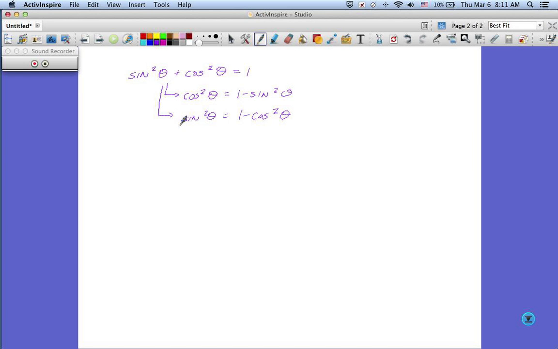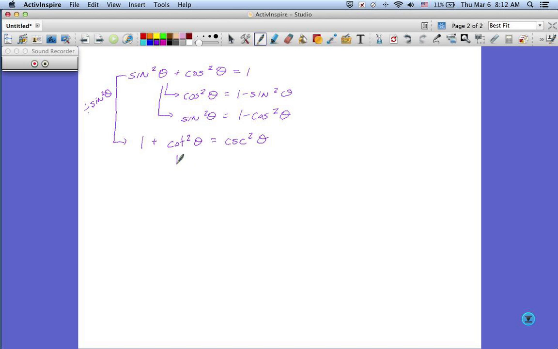Likewise, if I divide everything by sine squared, I get 1 plus cosine squared divided by sine squared, which is cotangent squared, equals 1 divided by sine squared, which is cosecant squared.